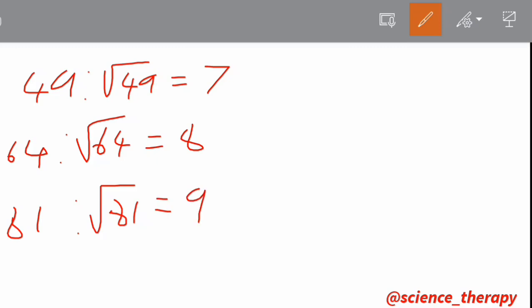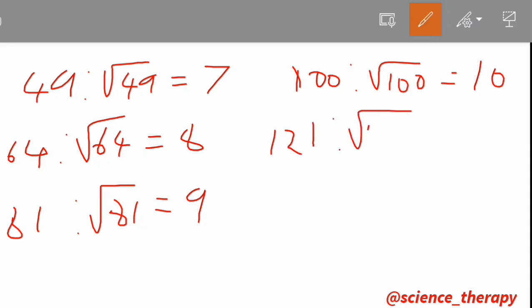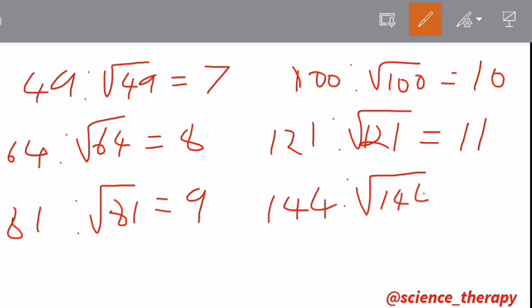Then 100, in a square root you have 10. Then we have 121, in a square root we have 11. Then lastly 144, you have 12, right? So these are examples of perfect squares.